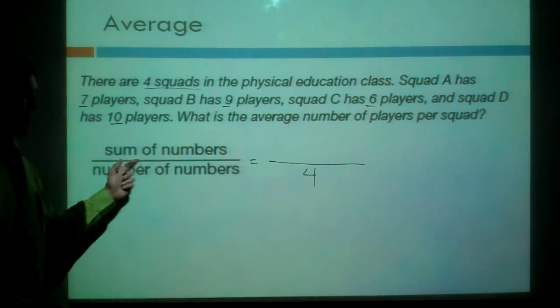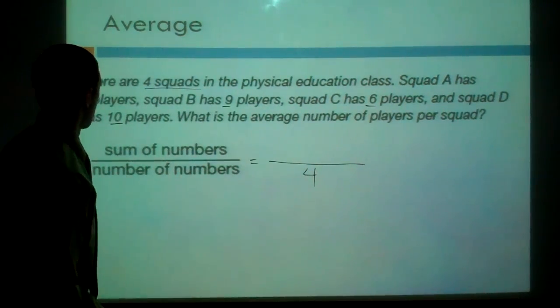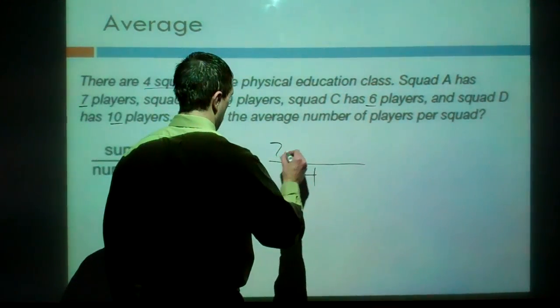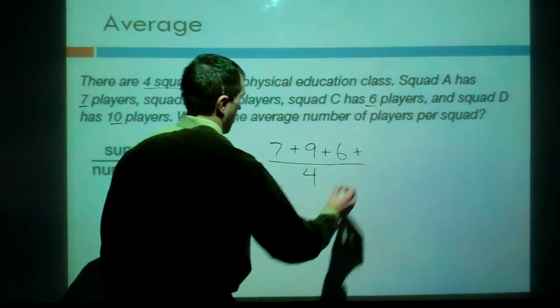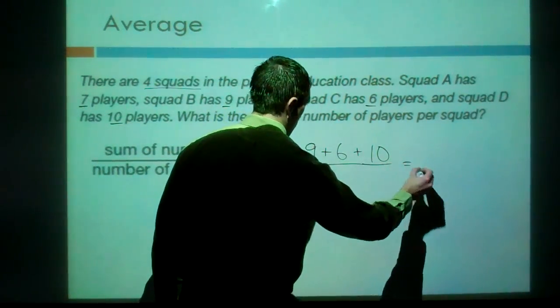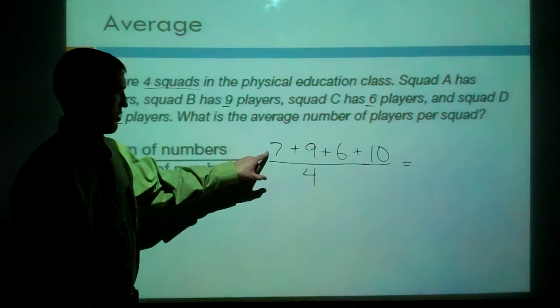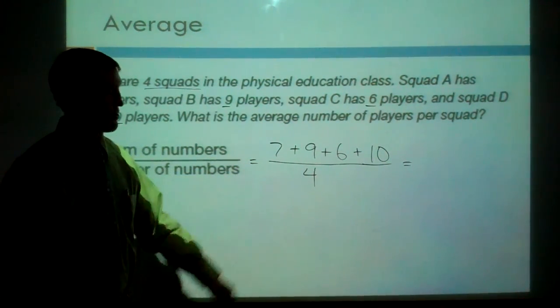And then we add up how many people are in each squad. So we're going to go 7 plus 9 plus 6 plus 10. Whatever we get up here, when we add all these together, we're going to divide it by 4 and we should get our average.